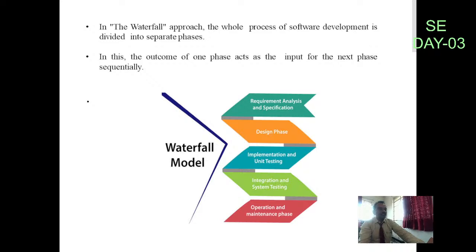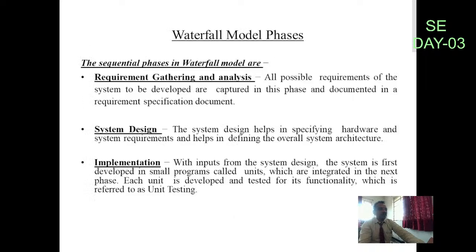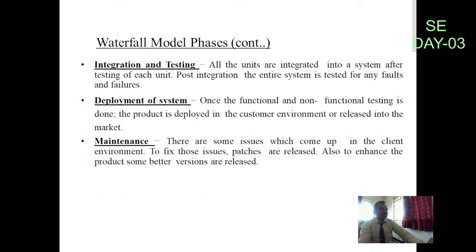In the fourth phase, integration and system testing. And finally the fifth phase is operations and maintenance. What the sequential flow in the waterfall model looks like, we discussed in the last session.